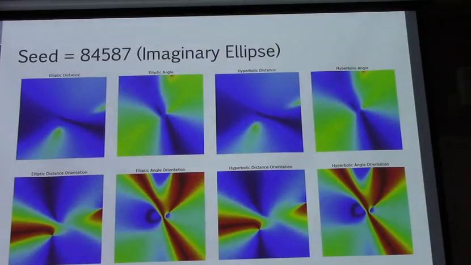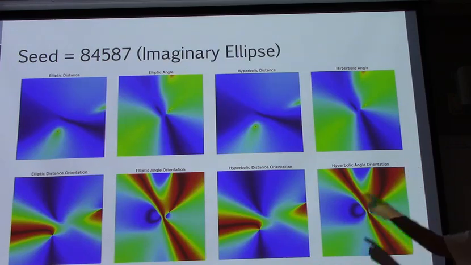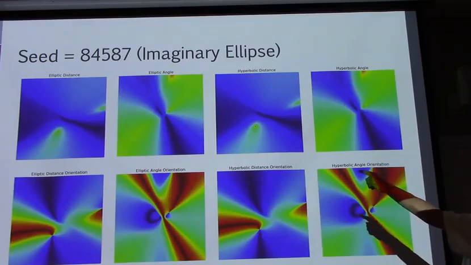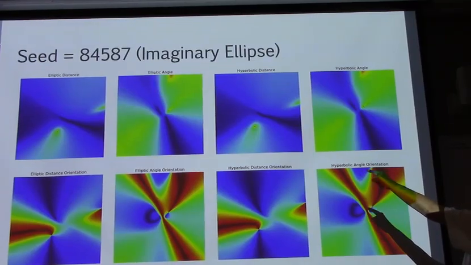So what does this look like? What would this kind of geometry produce? This. I use a random number seed to create 5 points that define a conic section. In this case, it's an imaginary ellipse. I compute the distance of every point from the origin, and I get both a real component and an imaginary component.